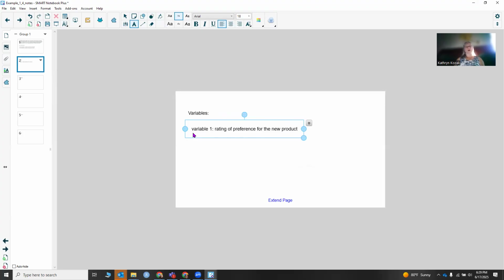Notice I called this 1 because the unit of observation was 1 also. And my variable 2 would be the rating of preference for the old product.